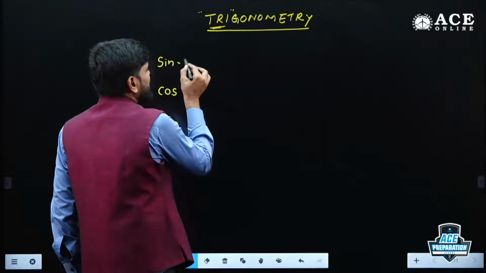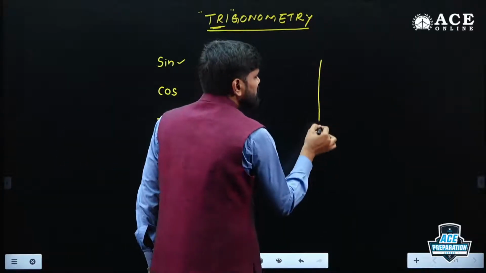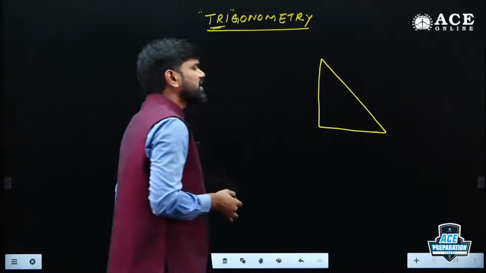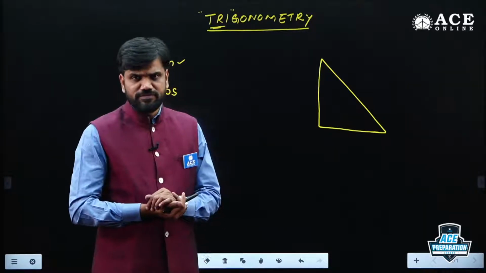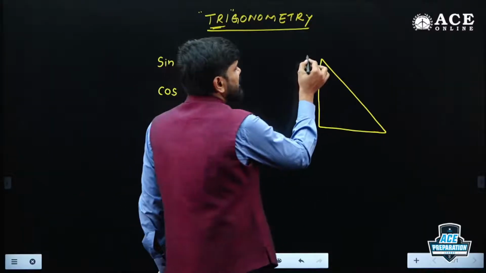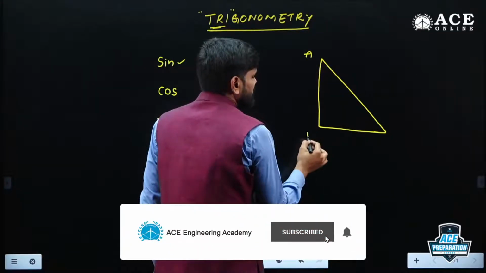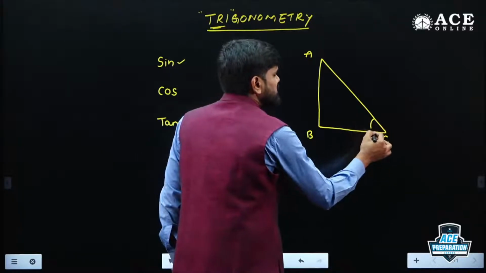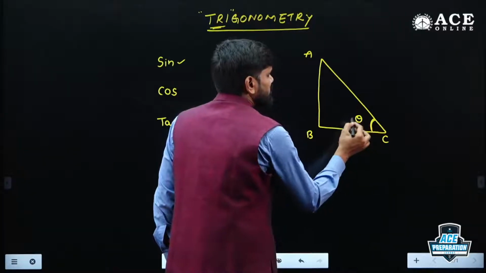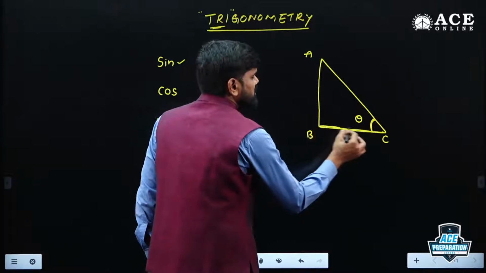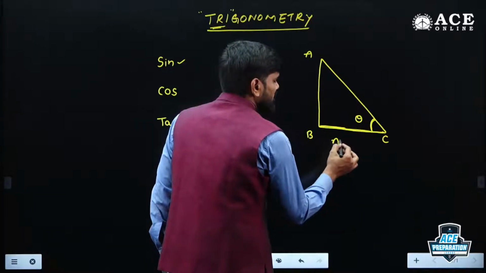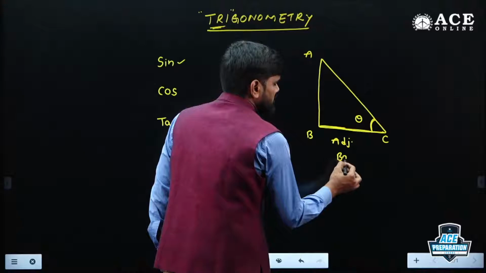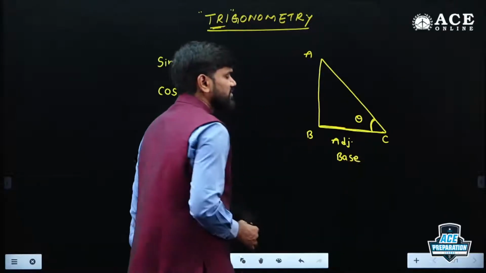So what is sine of an angle? Whenever we are talking about trigonometry, we take a right angle triangle into consideration. If this is a right angle triangle with sides A, B and C, and this is theta, the side adjacent to the angle is called the adjacent side, or we also call it the base.